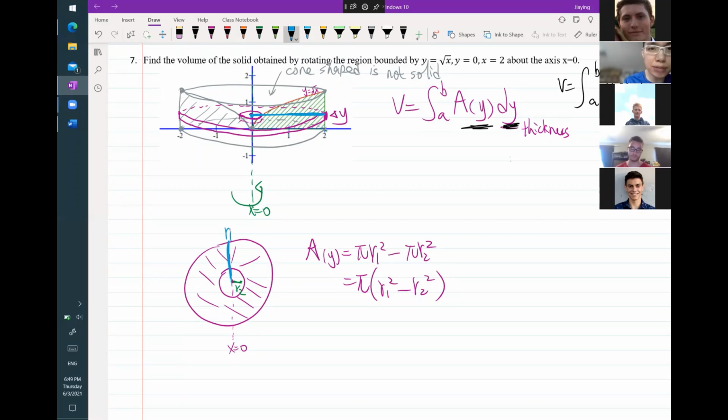So this should be R1, the blue line. You agree? So R1 is equal to the distance from the y-axis all the way to x equals 2. So we need to find that distance. And that is given by the x value on the right, which is 2, minus the x value on the left, which is x equals 0. So 2 minus 0. That's the biggest radius. That's R1.